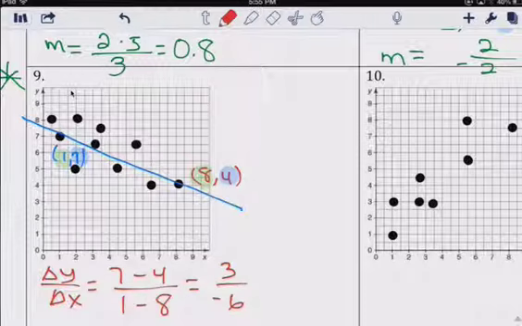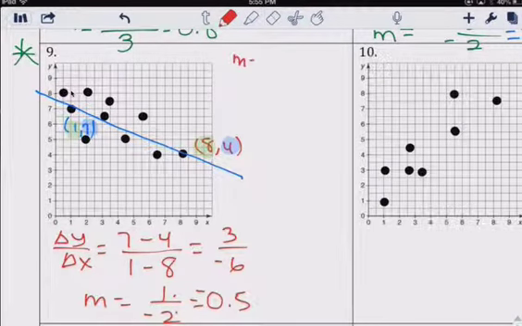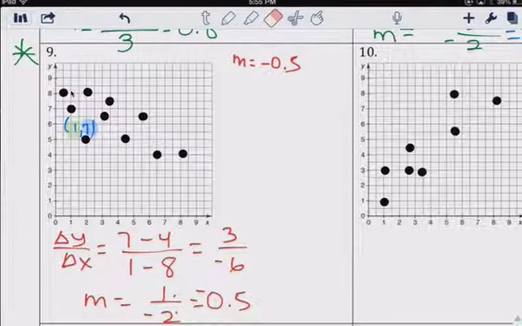So your slope is negative 1 over 2, or as a decimal, use a calculator, put 1 divided by 2, you get negative 0.5. So here your slope is negative 0.5.